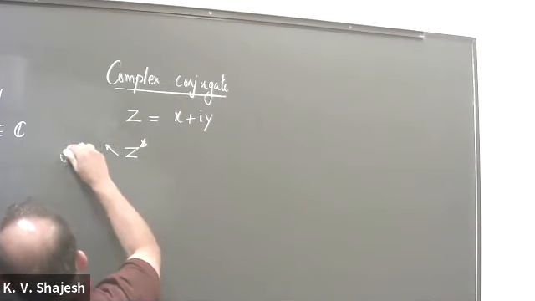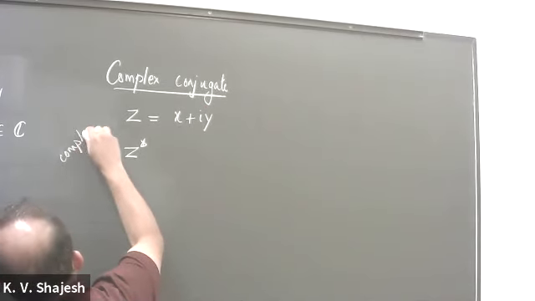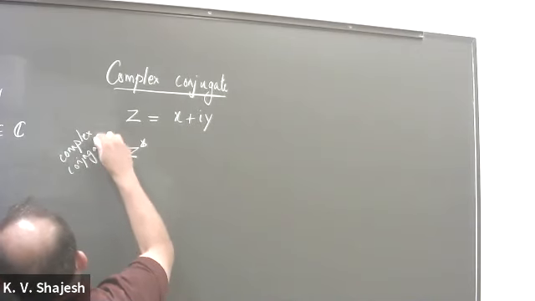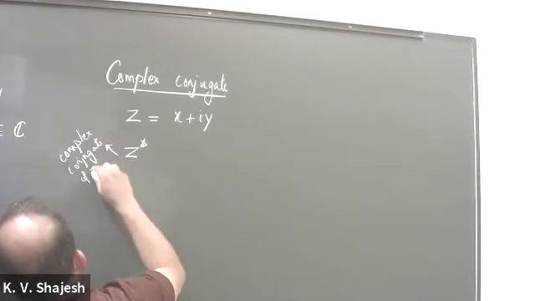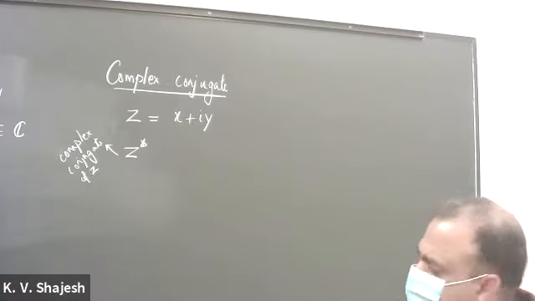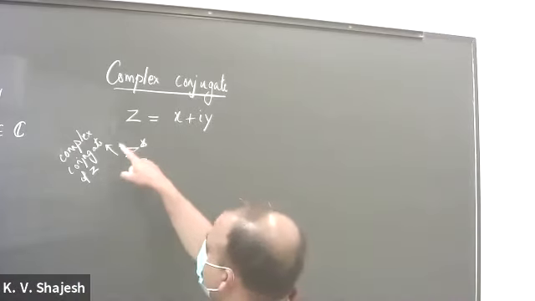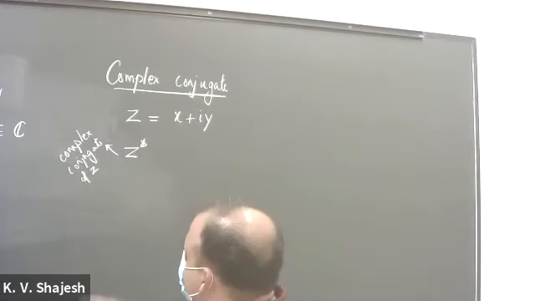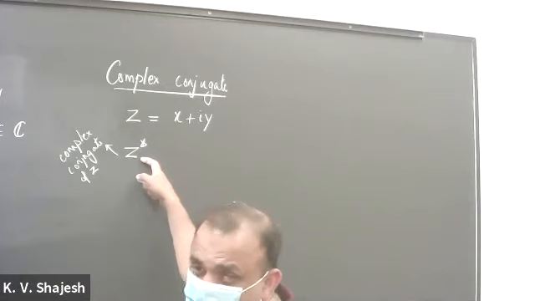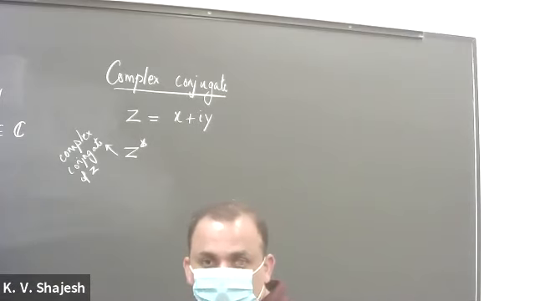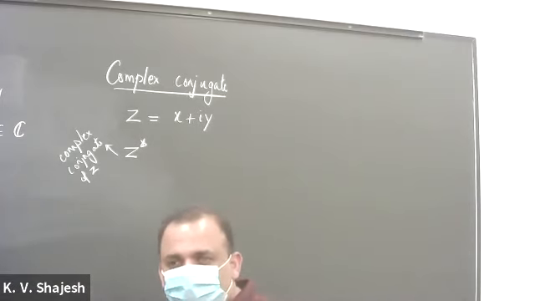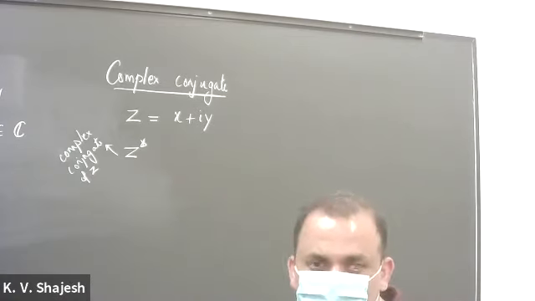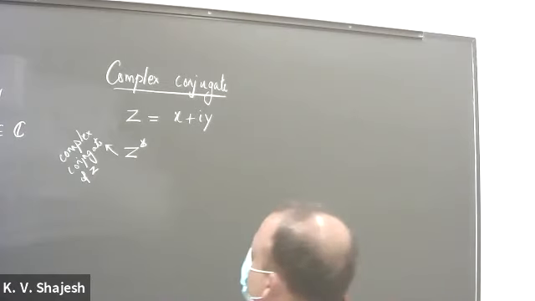That's the complex conjugate of z. Sometimes in mathematics you say z bar. Different textbooks use different symbols. In physics, in quantum mechanics, we will use bar, typically for a wave function. Here we will use star to represent complex conjugation.